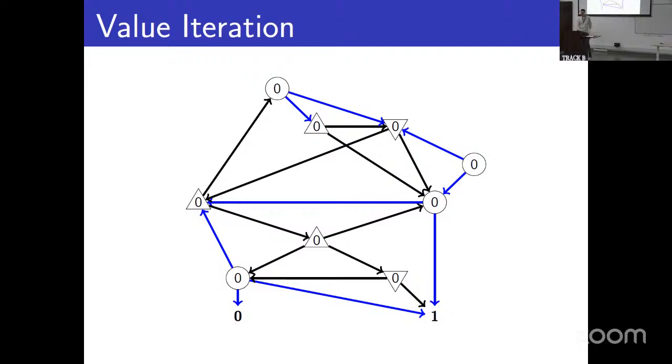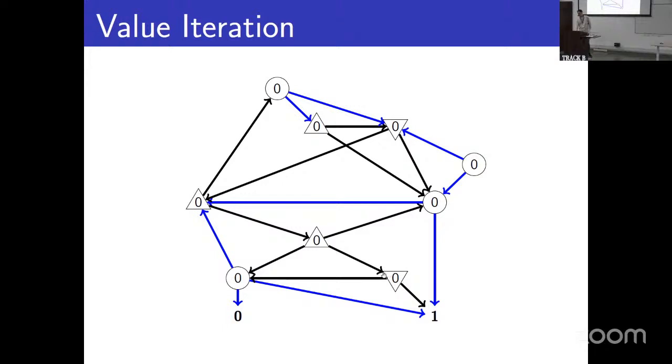Then every vertex looks at all its successors and updates itself. If it is a random vertex, it takes the weighted average of the successors. This one sees 1 and 0, so it updates to 1/2.